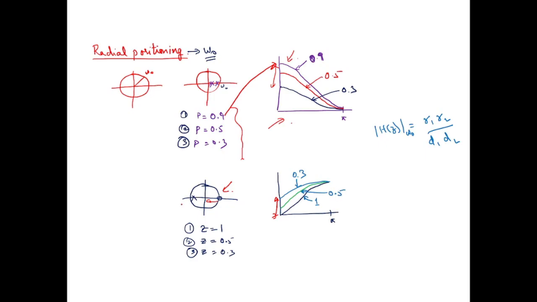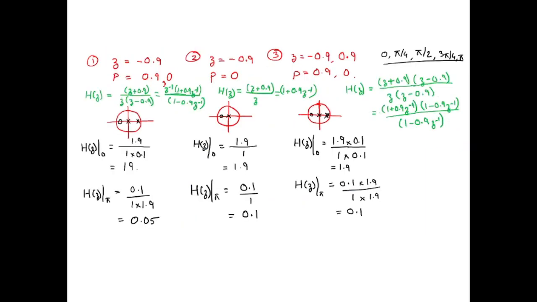Again at pi, the highest frequency, we have the highest amplitude value. This is just a schematic representation; we have not calculated anything. I have just drawn a schematic diagram to make you understand what happens when we change the radial positions of the poles and the zeros within the unit circle.